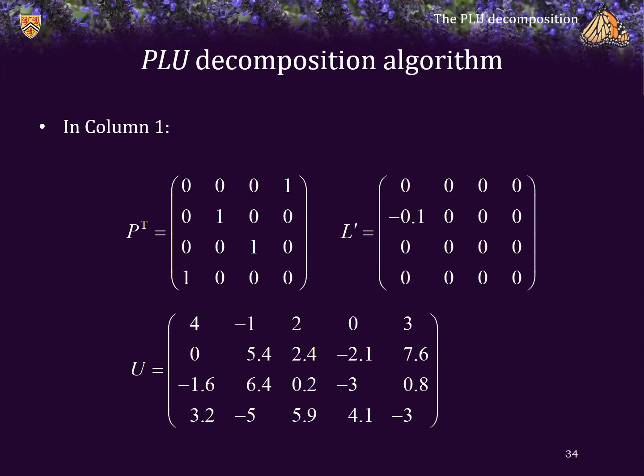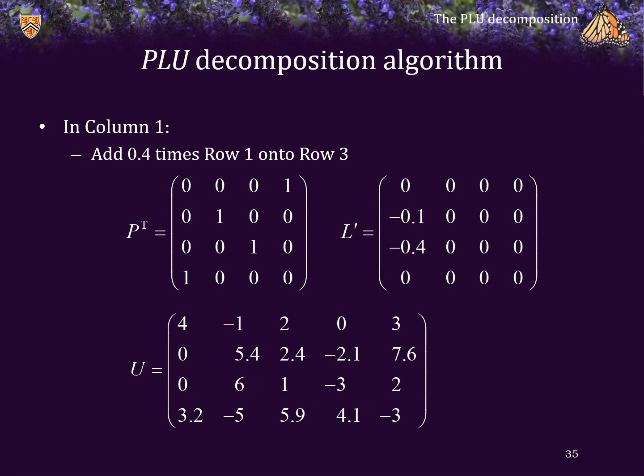Next, we add 0.4 times row 1 onto row 3. So once again, we perform that operation, but we store negative 0.4 at entry 3,1 of the matrix L prime.